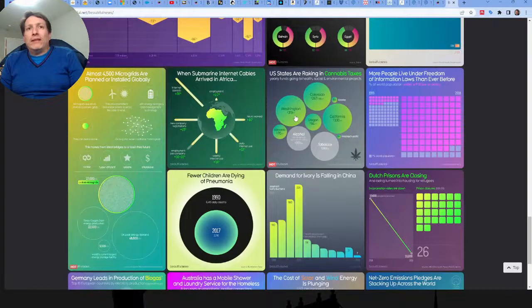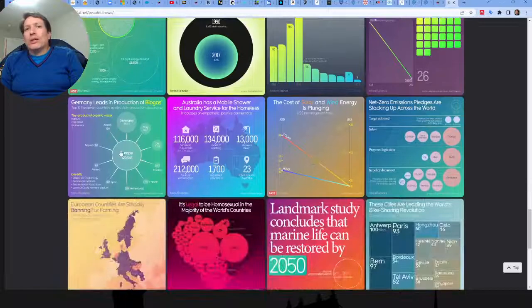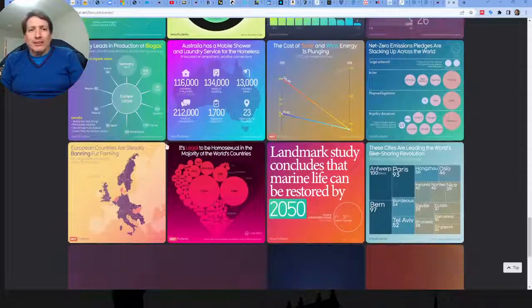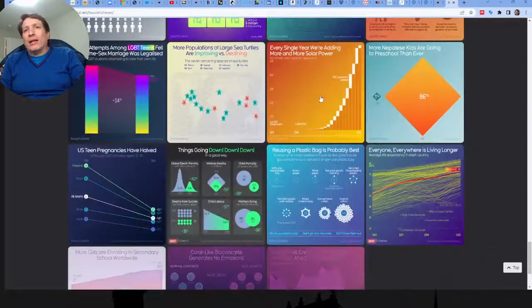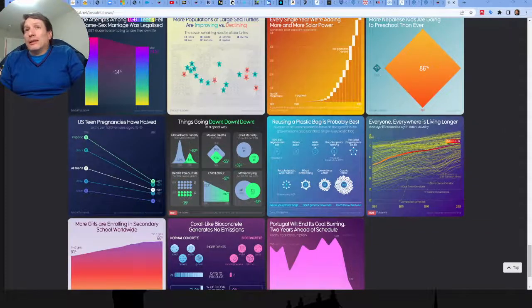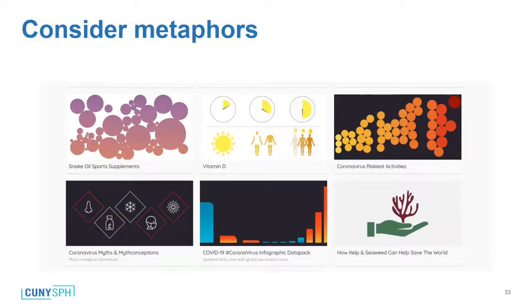There are different things that we can be using, and there are a bunch of these cool representations of data that we can consider as examples that can help us build our visualizations and convey a message.